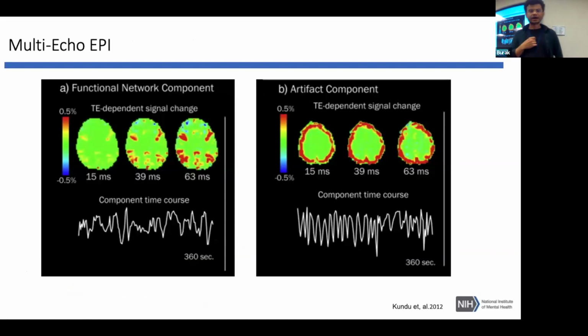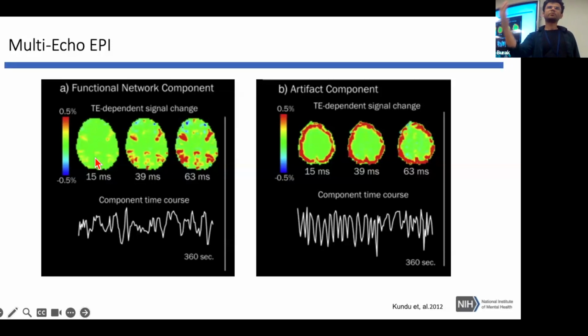A more elegant way to do that is changing the sequence. For example, we know that the neuronal activity we are looking for is echo time dependent, which is a property of the BOLD signal. If we change the echo time, we see the signal change.